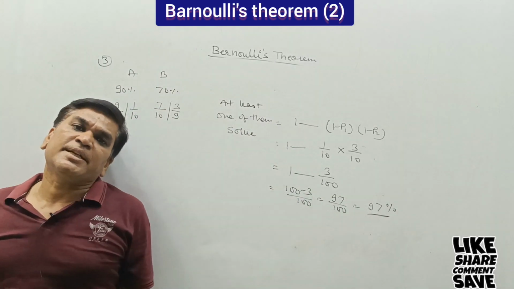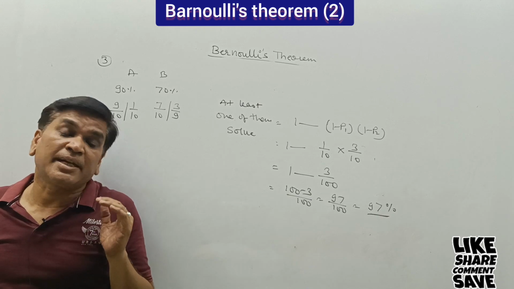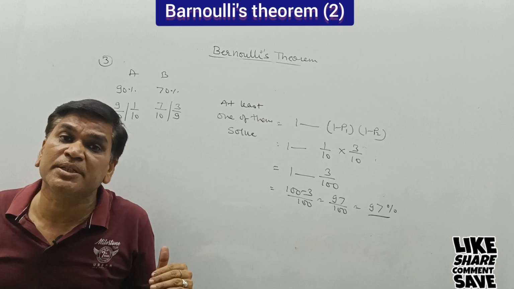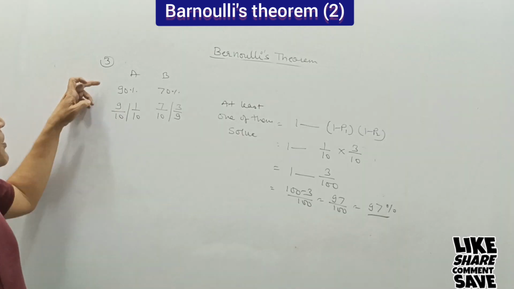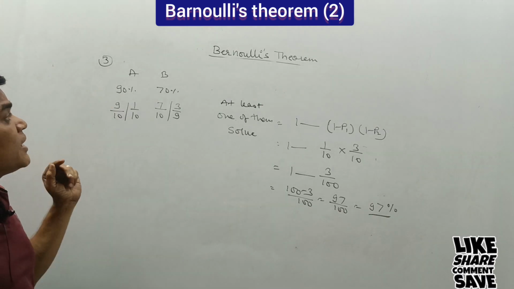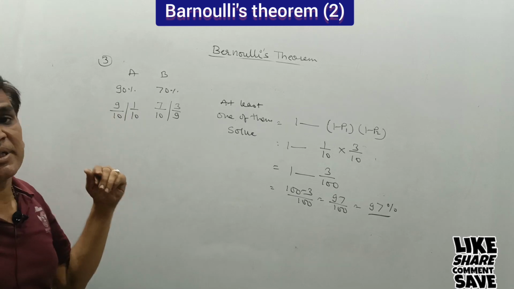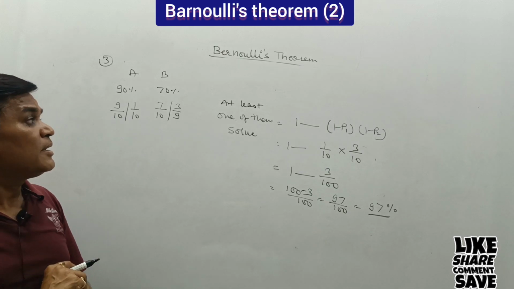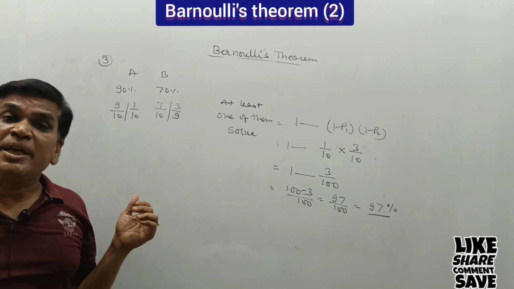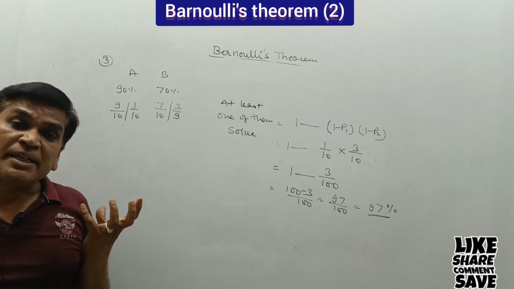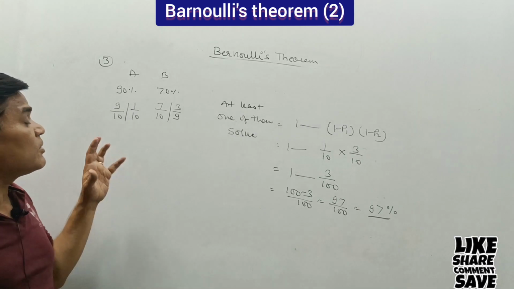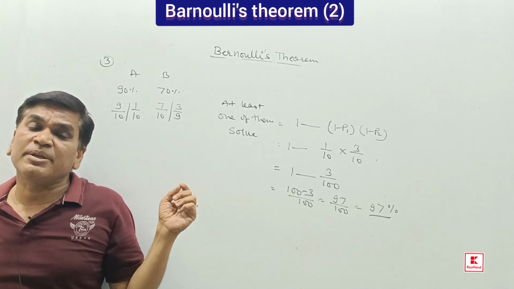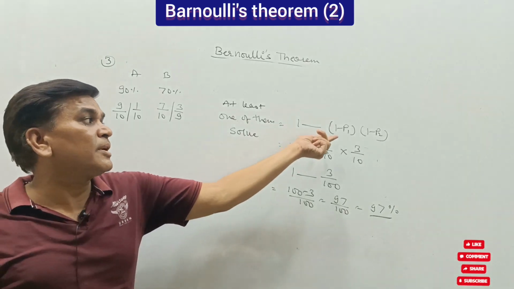The question was that A can solve 90% of the questions of a book and B can solve 70%. Out of 10, A can solve 9 and can't solve 1. Out of 10, B can solve 7 and can't solve 3. For at least one of them solving, the probability is 1 minus the probability that A cannot solve and B cannot solve.